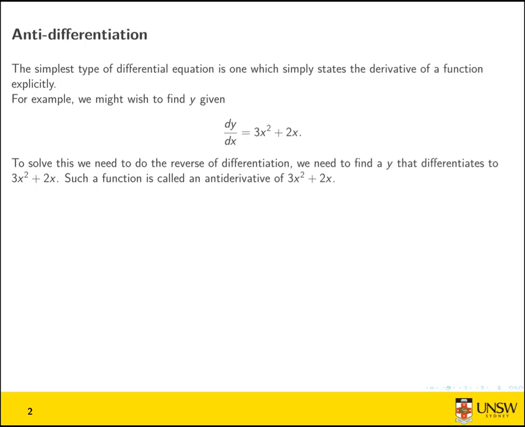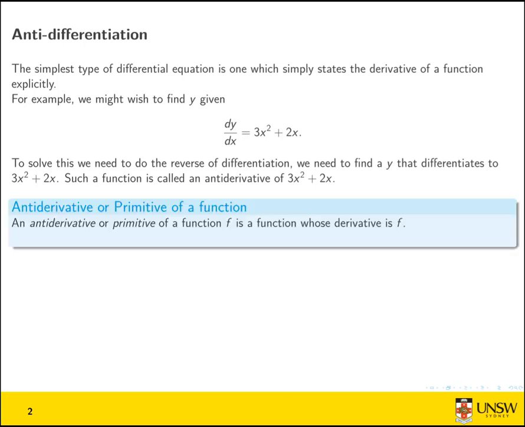Such a function is called an antiderivative. Anti because we're going backwards, obviously. Sometimes these functions are also called primitive. So an antiderivative or primitive of a function f is a function whose derivative is f.